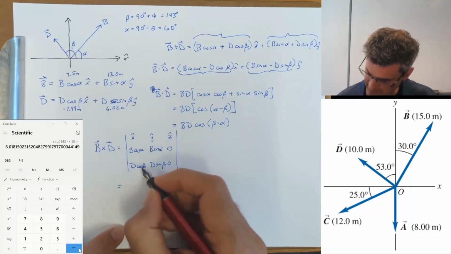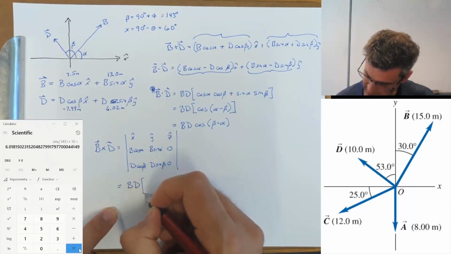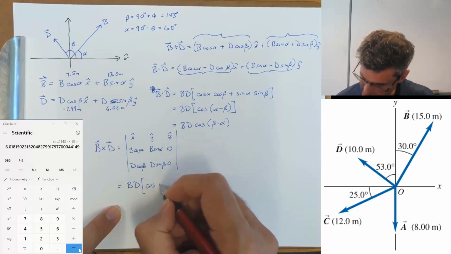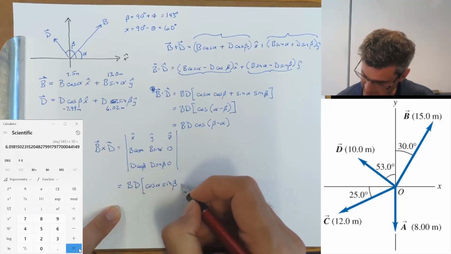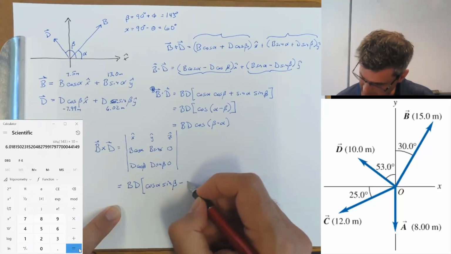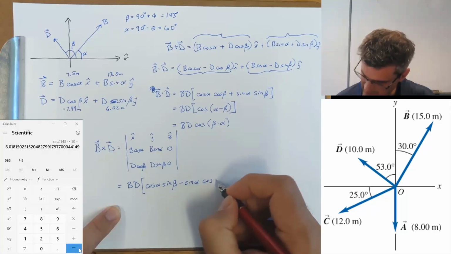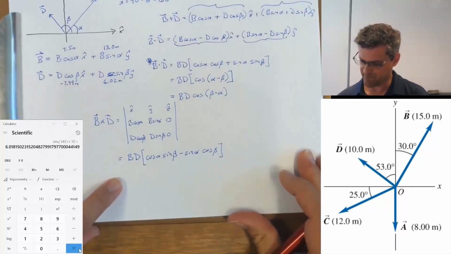Putting it all together, this is b d, and we will have cosine of alpha sine of beta minus sine of alpha cosine of beta.